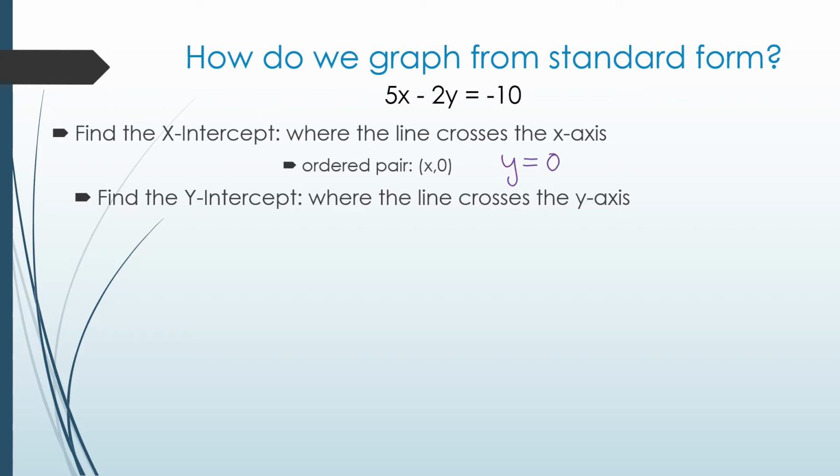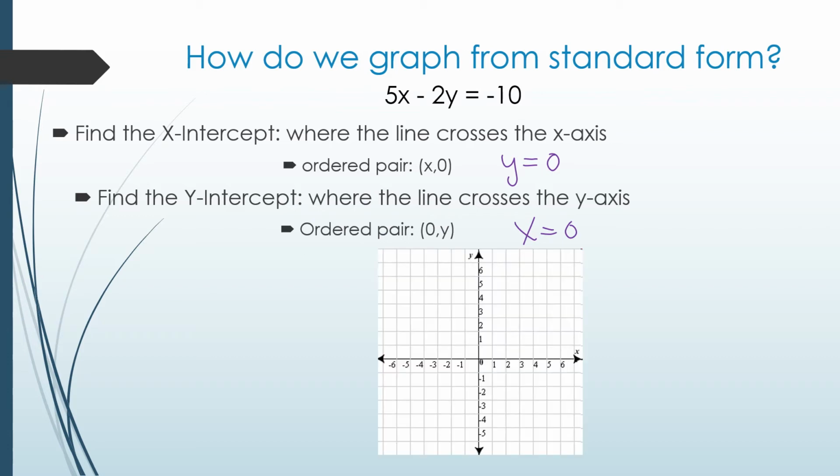We also want to find the y-intercept, and that's where the line crosses the y-axis. For the ordered pair, you would have x equal to 0 all the time, and then there will be a number for the y value. So for example, let's graph this equation.